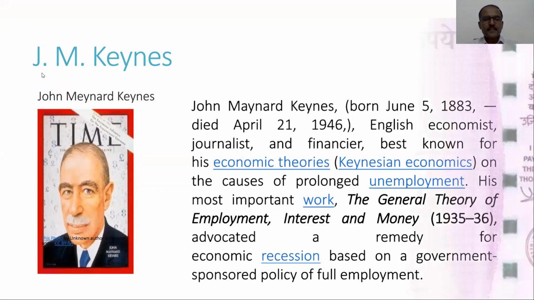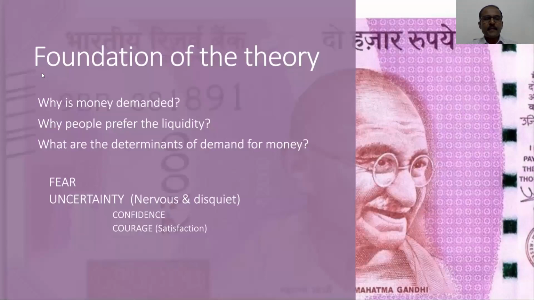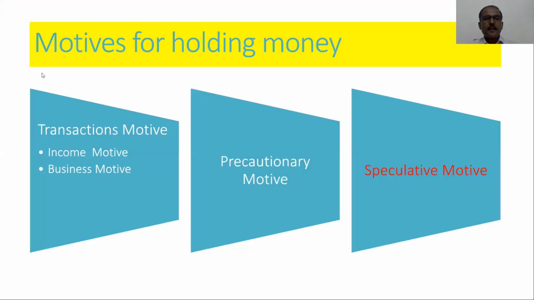Moving forward, friends, it should be very clear that there are three very precise and clear motives. One is called the transaction motive, second is called the precautionary motive, and third is known as the speculative motive or speculation, you can say. And in the next 5 or 10 minutes, we are going to focus more light on these three important motives.